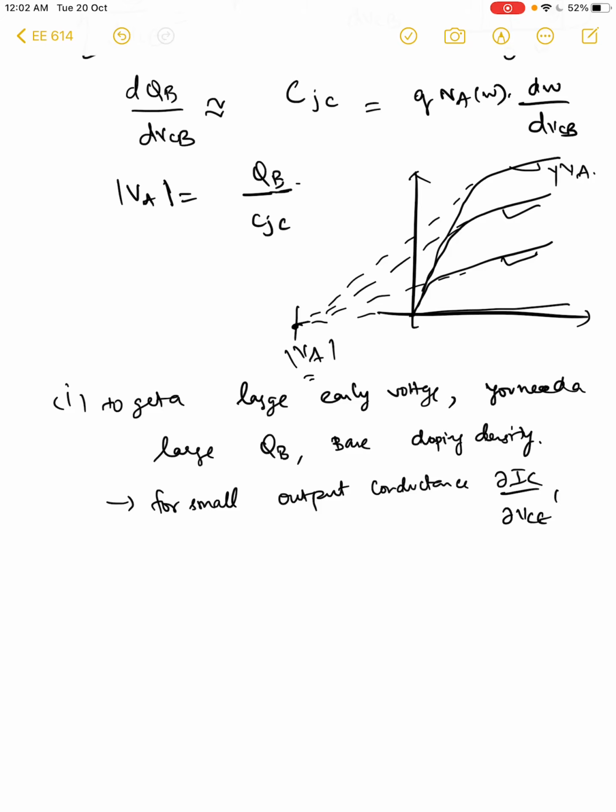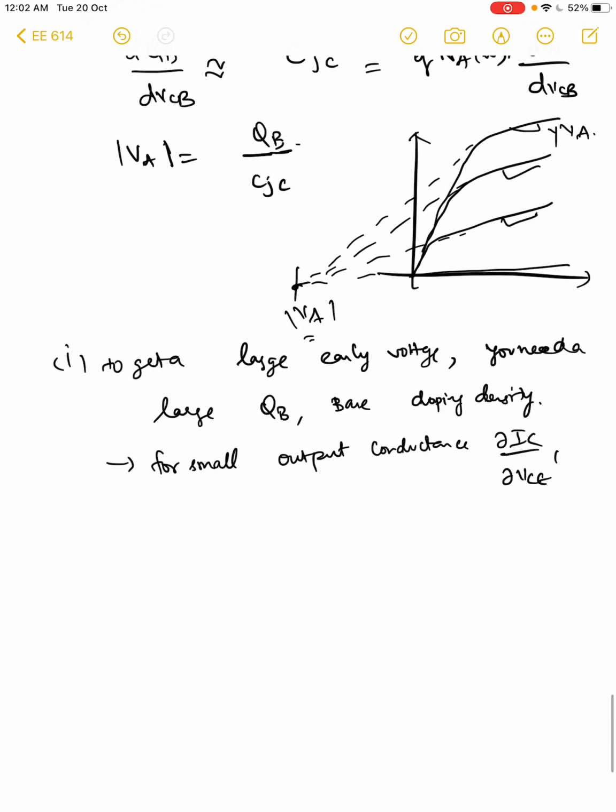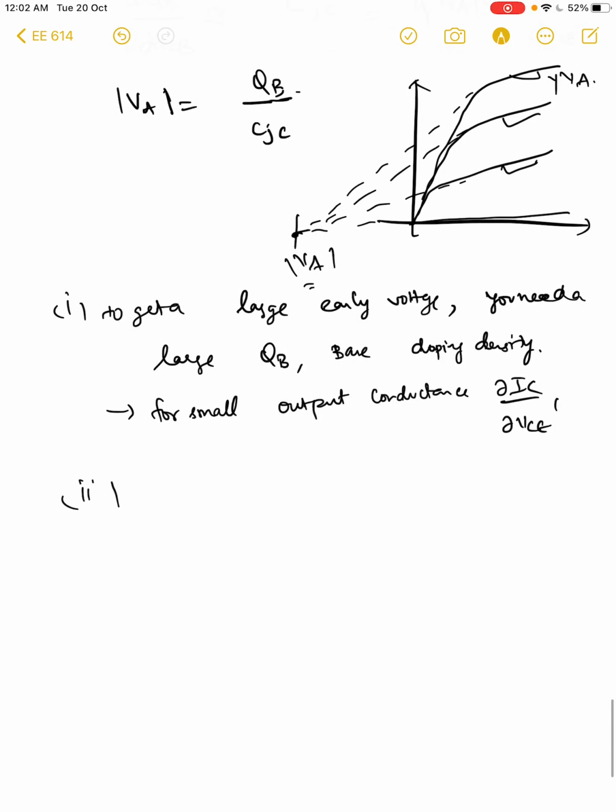But then we also saw that JS is proportional to 1 by QB. That means Ic is proportional to 1 by QB, right? So increasing the base doping density will reduce the collector current as well.